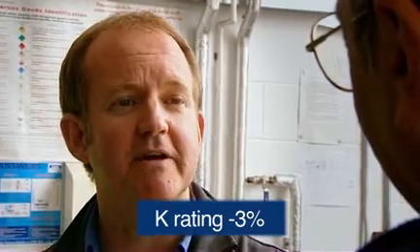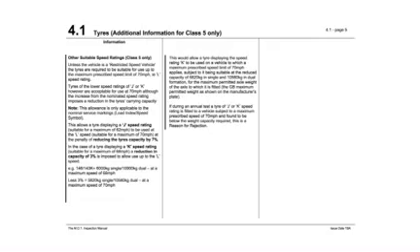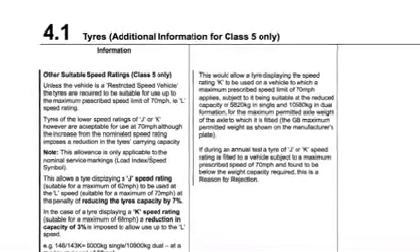Spot on, mate. And for a tyre displaying a K speed rating? Well, a K speed rating means a maximum speed of 68 miles an hour. So for that to be used at 70 miles an hour, it only requires a reduction in the load carrying capacity of 3%. Brilliant. Well, fortunately, it doesn't affect a great number of vehicles, and all the information is on page 5 in section 4.1 of the manual anyway.